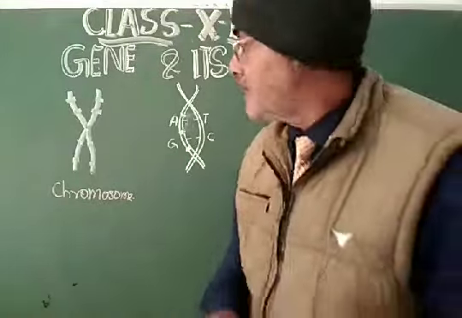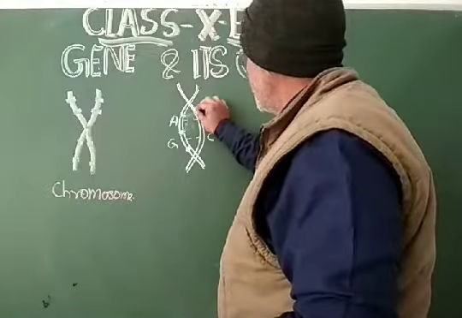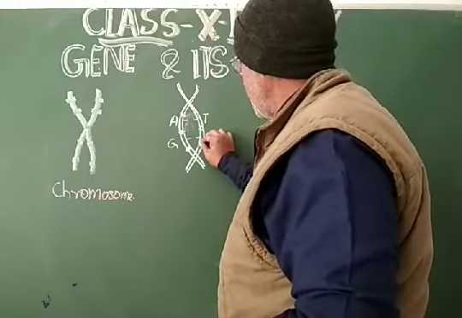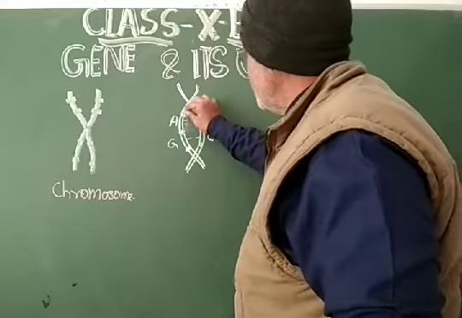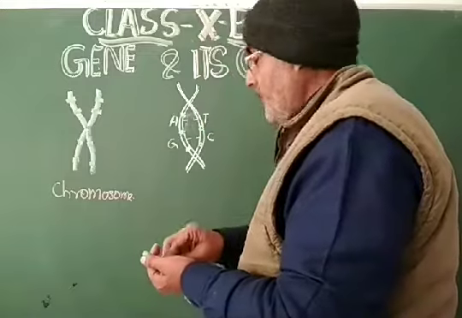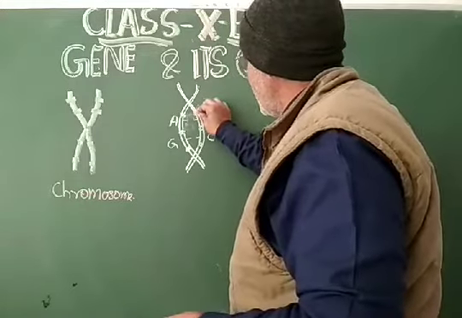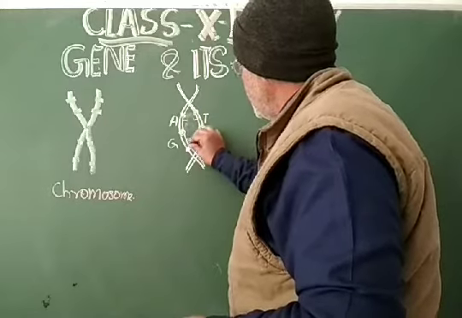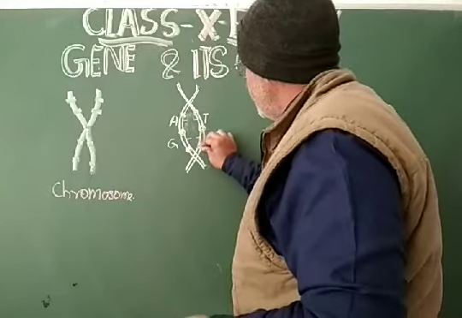And not only this, this is another code, this is another code. So different types of codes are there, and these codes are responsible for expressing the character or for having that particular type of character in a particular species.